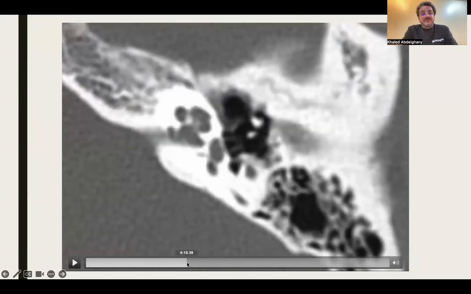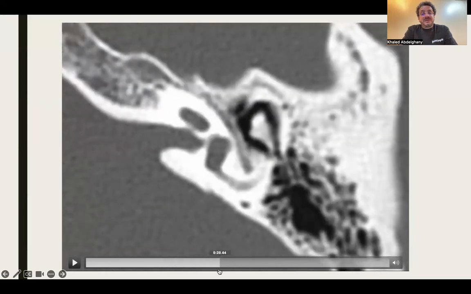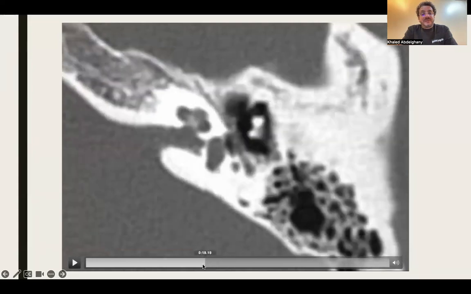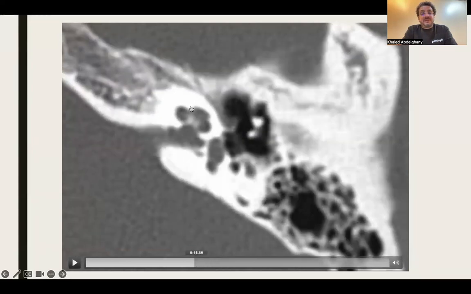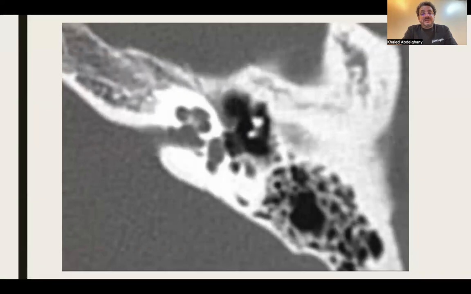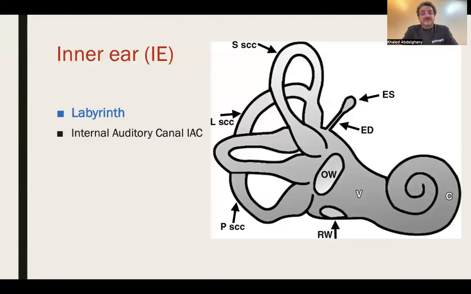When we go upward, we can appreciate the presence of the modulus within the middle turn here and within the apical turn here. So we have the modulus inside the cochlea and the interscalar septum between the cochlear turns.